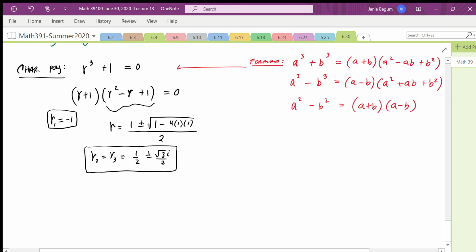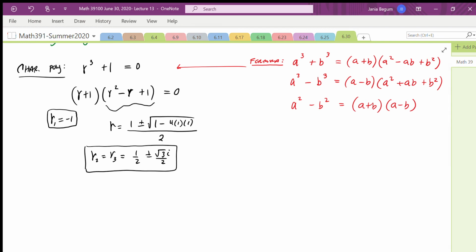So what's the solution? The solution would look like one with an exponential because one of the roots is real, and the other two are complex. So we have alpha and beta.